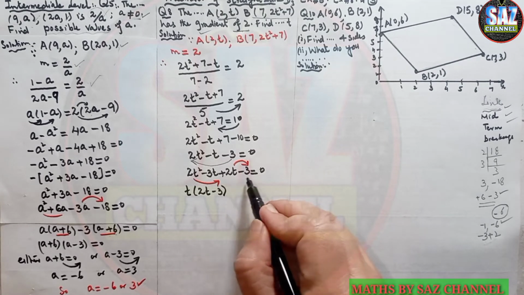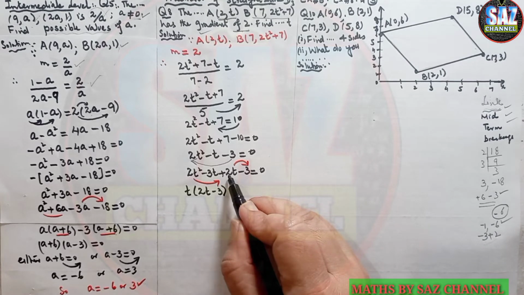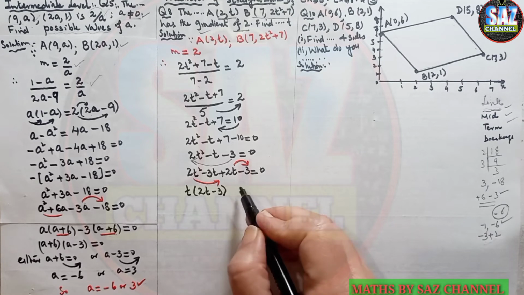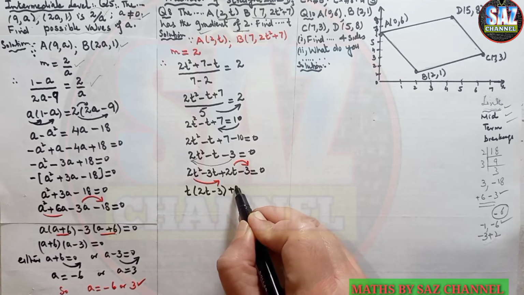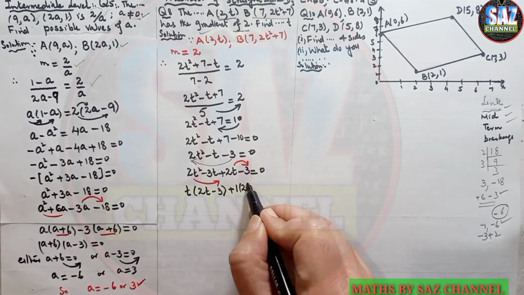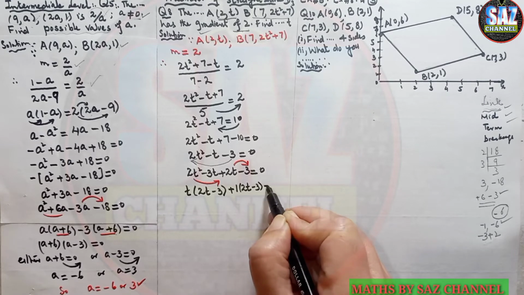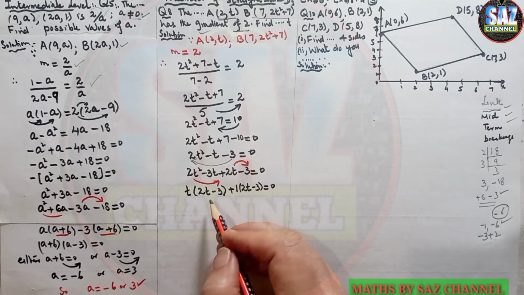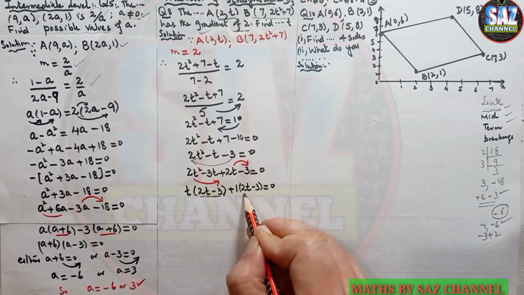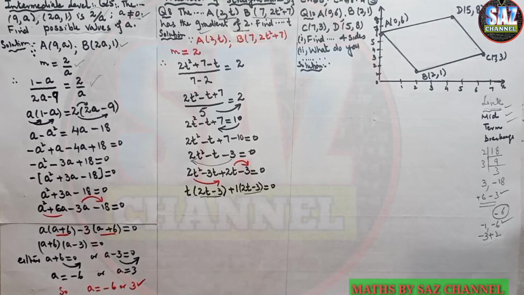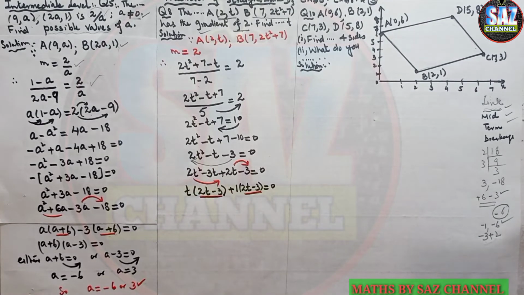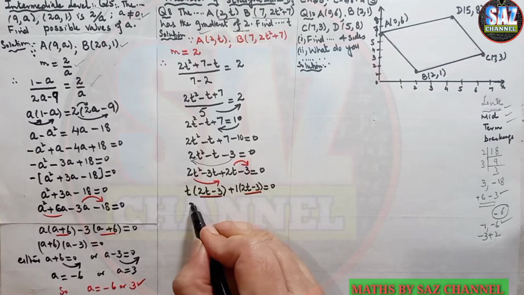Coming to the second group, I cannot find any number common here, but we know that 1 is the factor of every number, so I will be pulling out 1 here, and inside the bracket I will be left with 2t minus 3 equals to 0. Now see it carefully, that 2t minus 3 is the common group. I have to extract it, pull it out. So extract 2t minus 3 out.